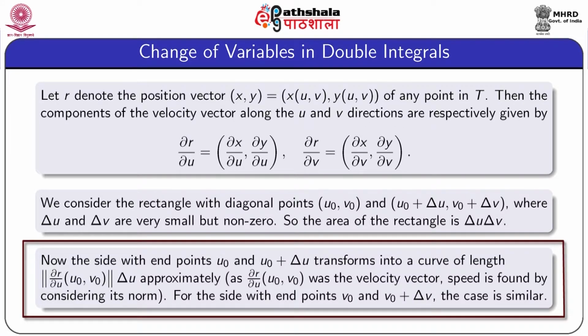Now, the side with endpoints u0 and u0 plus delta u transforms into a curve of length approximately norm of del r del u at (u0, v0) times delta u. This is because del r del u at (u0, v0) is the velocity vector and the corresponding speed is found by considering its norm. For the side with endpoints v0 and v0 plus delta v, the case is similar.